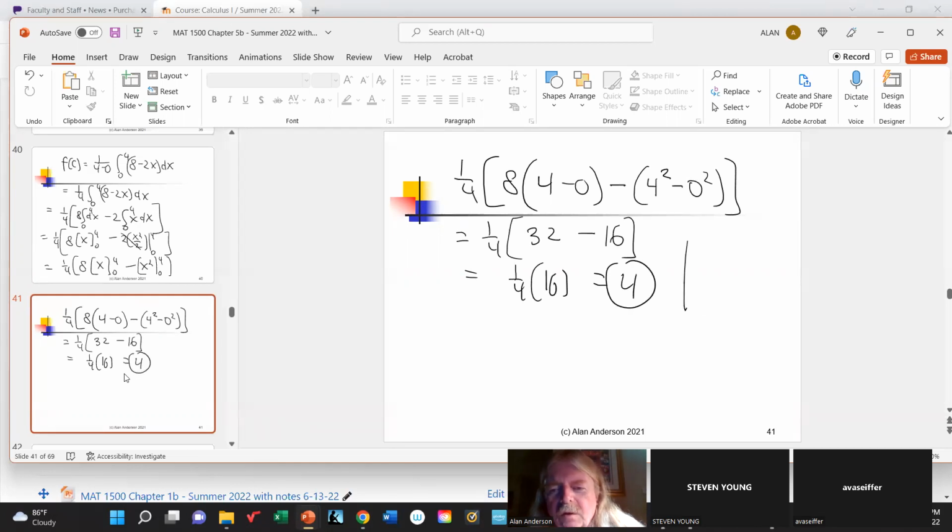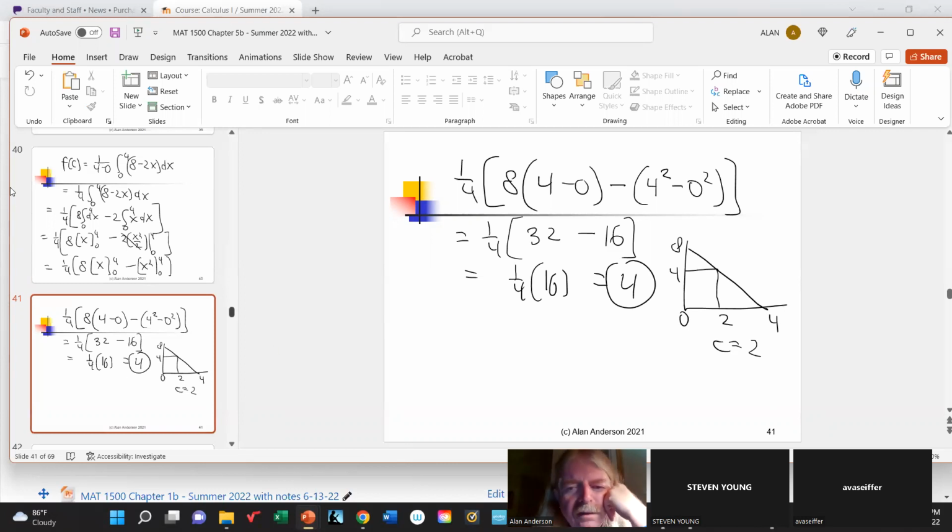So the average value over this interval, as you can probably guess, is 4. And it should be occurring at point 2. I mean, it's pretty clear that c equals 2, but we can prove it by doing the following.